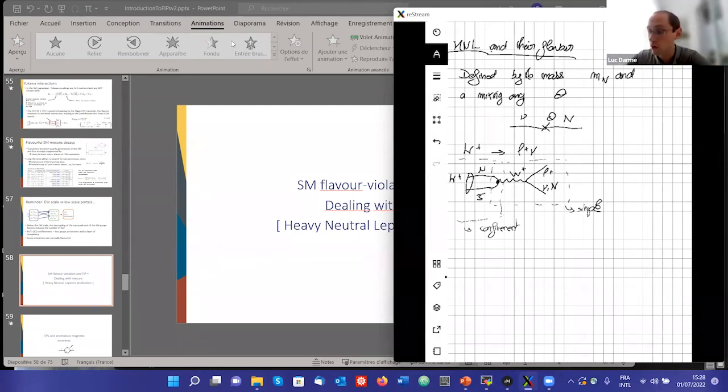What I need to know and what I will use in the following is that this is a very simple process per se. I'm starting with an object which is on its mass shell at rest, and I just want to decay it into a pair of objects. Additionally, I know that whatever QCD is doing, it will have nothing to do with this vertex here, which is purely a weak interaction. So therefore, the first thing I'm expecting is that the full amplitude will be proportional to something like that.